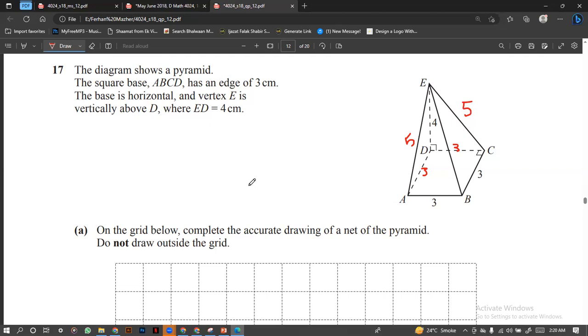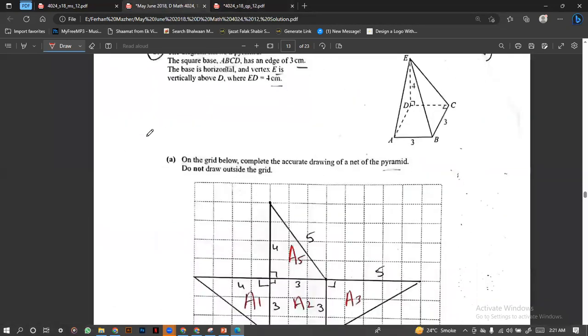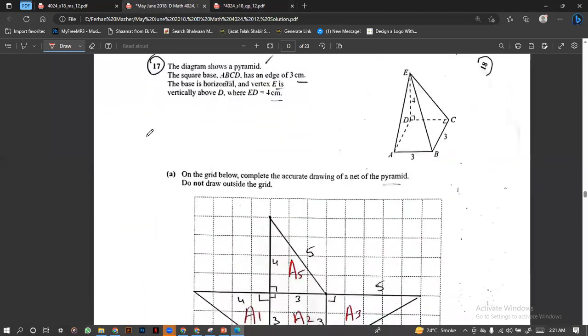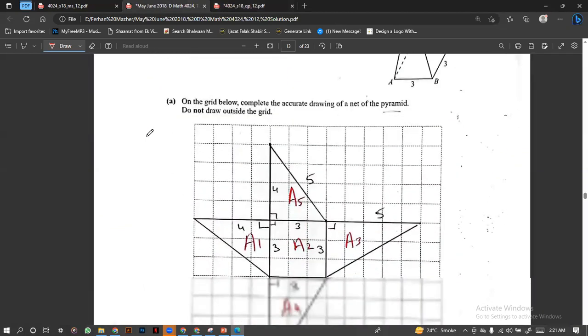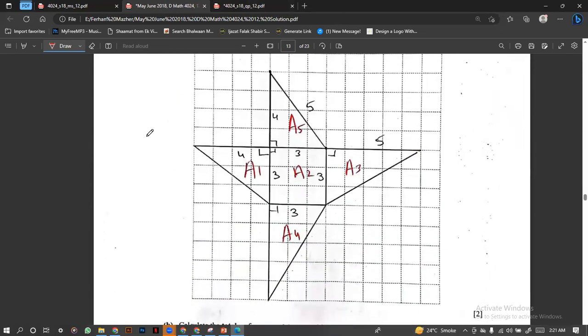On the grid below, complete the accurate drawing of a net of the pyramid. Do not draw outside the grid. Okay, so what we will do, we will draw this grid, and it's a little tricky. Here you see I have drawn this.